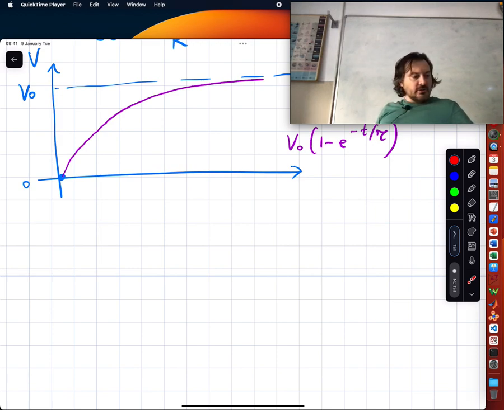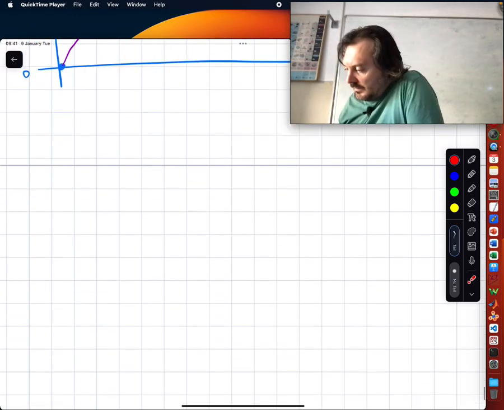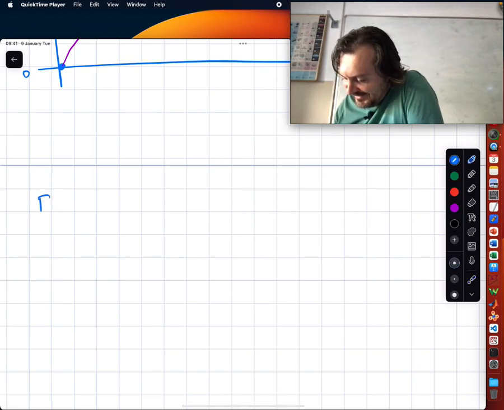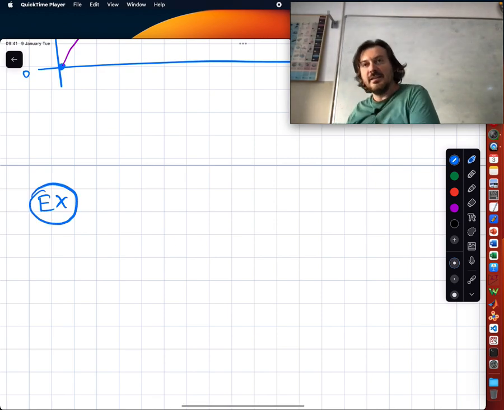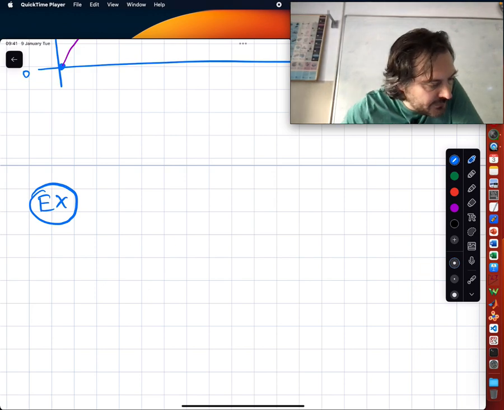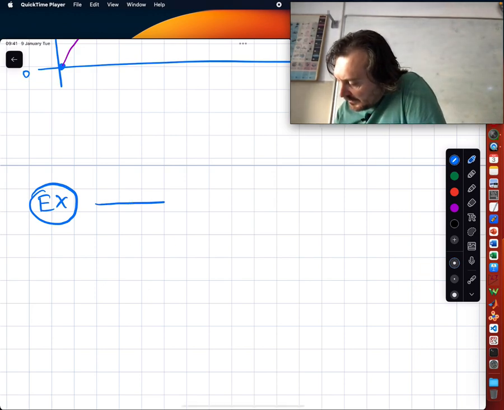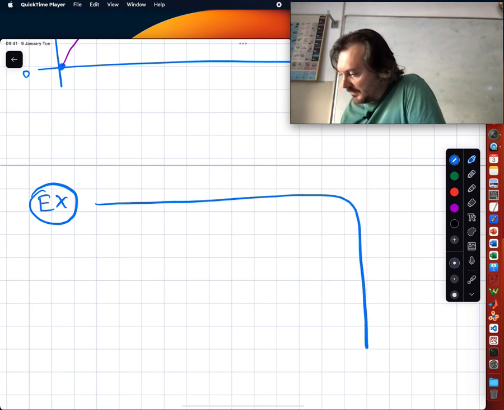Should we move on to the next question? Yes? The next question, oh, it will be erased. Okay, the next question is this one. A long straight wire carries a current I, and it's very long, like this.